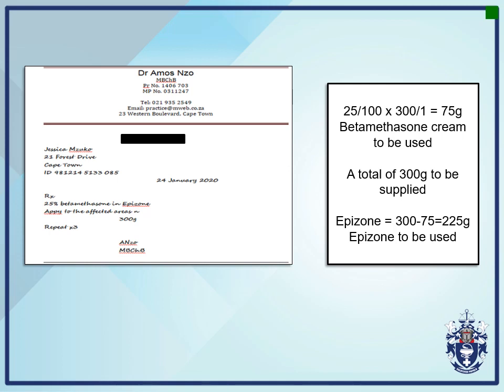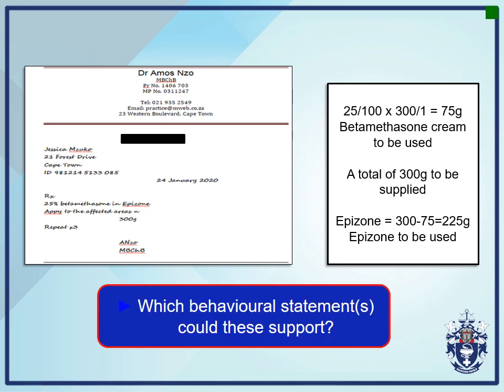So in order to fulfill extemporaneous preparations and pharmaceutical calculations, you need to provide a prescription that looks at that type of preparation. This example of evidence speaks to behavioral statements E and F in your manual. So identify and annotate which behavioral statement that particular evidence is linked to.